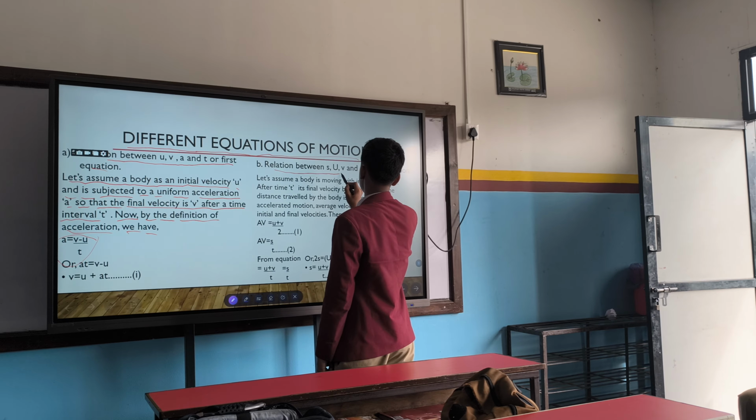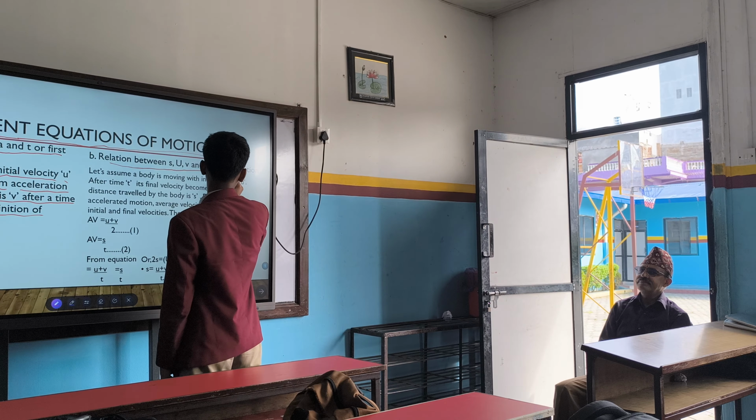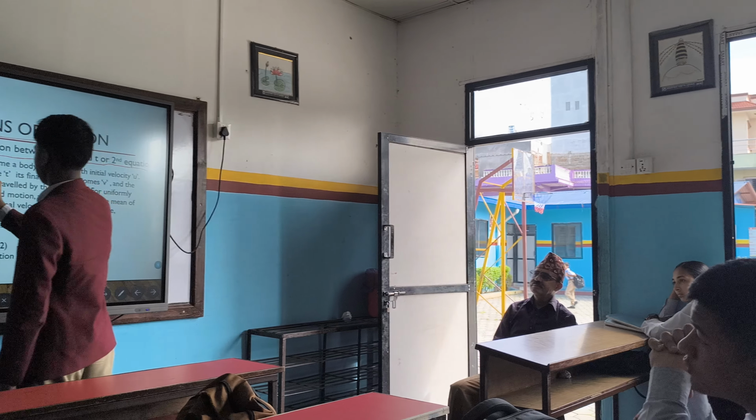Relation between s, u, v and t, or second equation. Let's assume a body is moving with the initial velocity u. After time t its final velocity becomes v and the distance traveled by the body is s. For uniformly accelerated motion, average velocity is the mean of initial and final velocity.